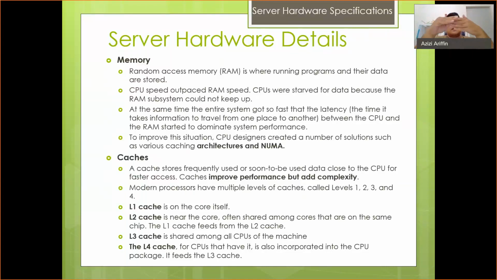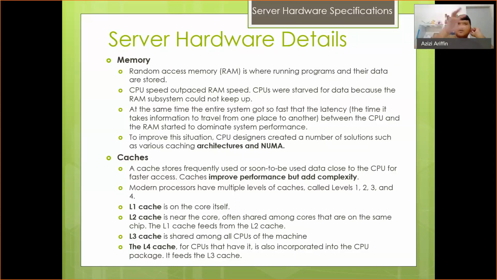So the L1 cache is where the cache is stored on the CPU core itself, or we have the L2 cache which is near the core, or we have the L3 cache which we can share among all the other CPUs, and we can also have an L4 cache. So the bottom line is modern processors should have multiple levels of caches.